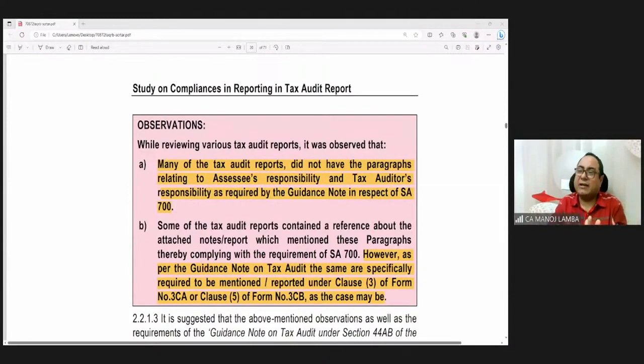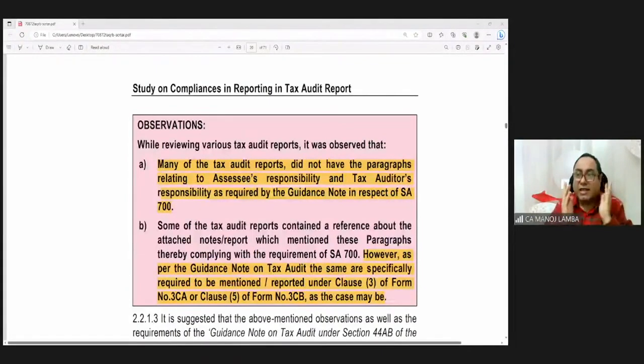I am not telling you that. This is the education literature which I am reading with you from the perspective of TAQRB, whose main mission is to educate members about improving the quality of tax audit reports.